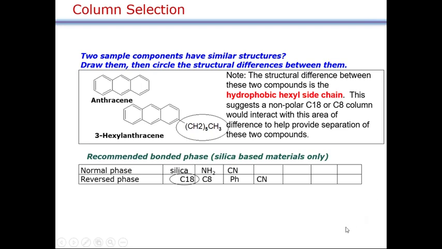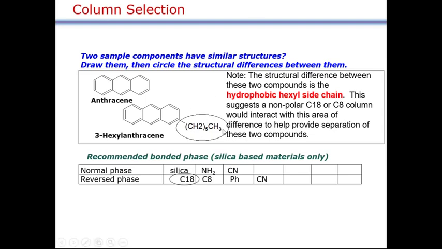So when you use a polar solvent to separate it, anthracene will elute first and 3-hexyl anthracene will elute later. So if you know the structures, you know which is going to elute first and you can also choose the column accordingly. And you will see here, we can choose the C18 column. We can also choose the C8 column.